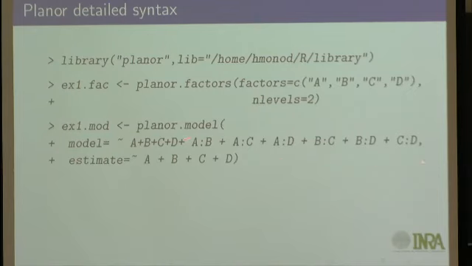So we just say that in our model there are main effects and 2-factor interactions. The second argument we use is estimate, and here we say we just want to estimate A, B, C, and D, the main effects. By default, if we don't use estimate, it is assumed that we want to estimate all terms in the model formula.